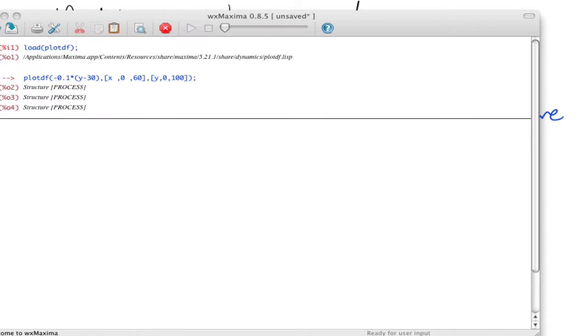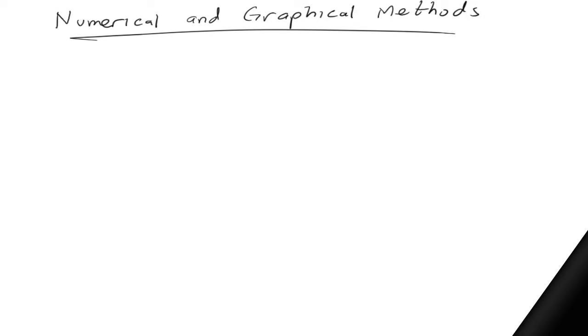Good times. All right, so the next topic is quite exciting, because just like in integration, in the real world you don't always get nice problems that are solvable using any of the techniques.